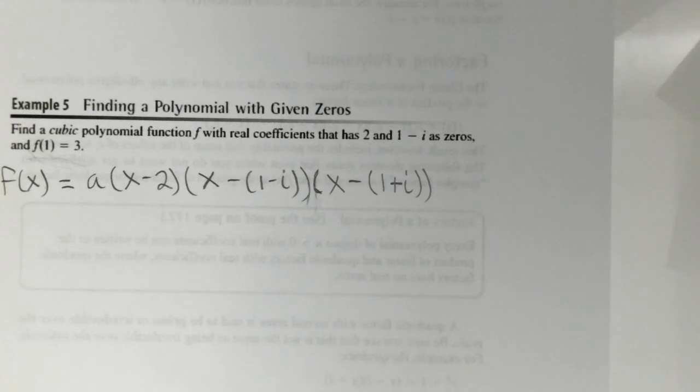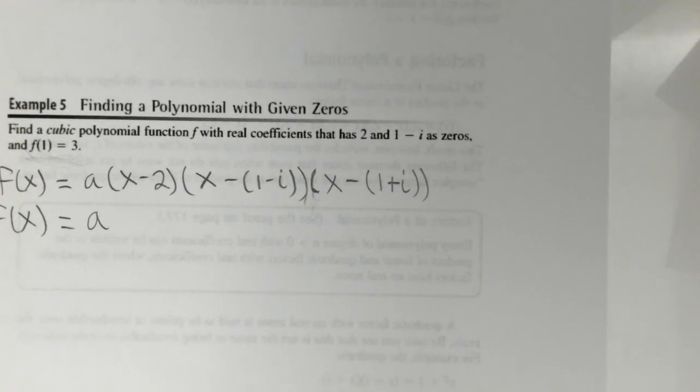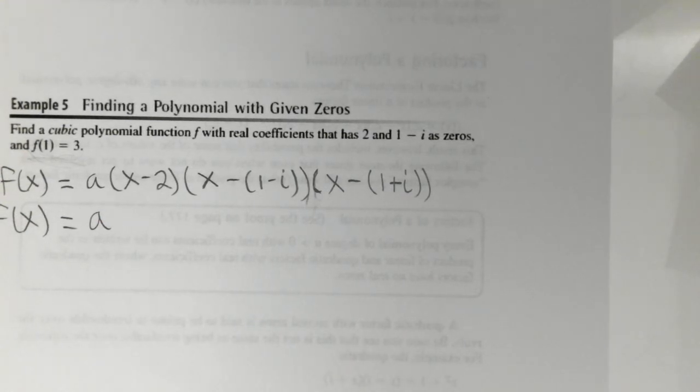So now we have a little bit of work ahead of us to multiply this out. And so we'll just do it one step at a time here. This A is just going to hang out here in front, but let's see, what would be the best course of action for us to take first?